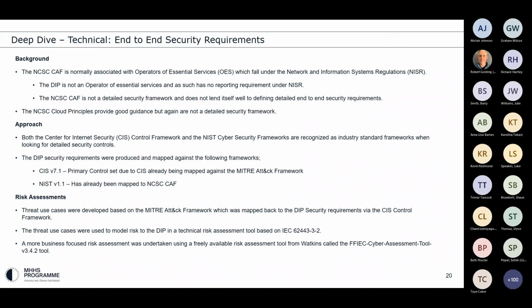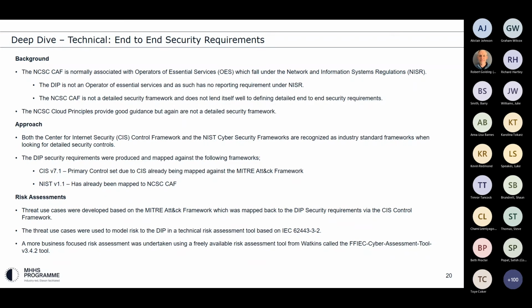So as part of the exercise to define the ultimate security requirements for the DIP, I did a mapping exercise against CIS, NIST, and the NCSC CAF to ensure I'd covered all aspects.